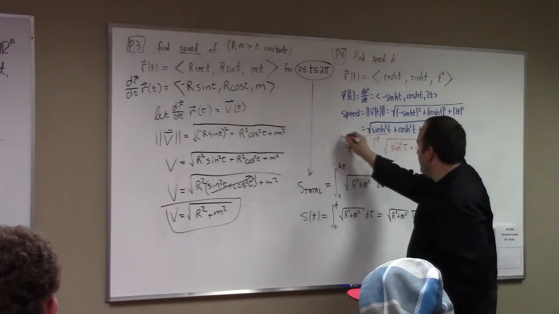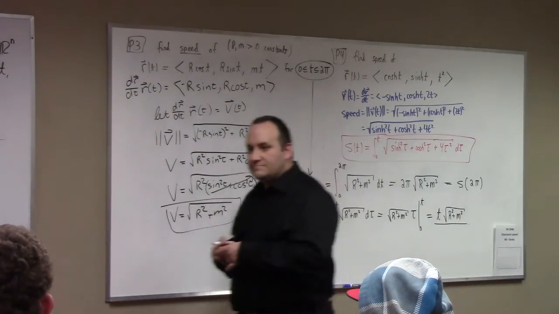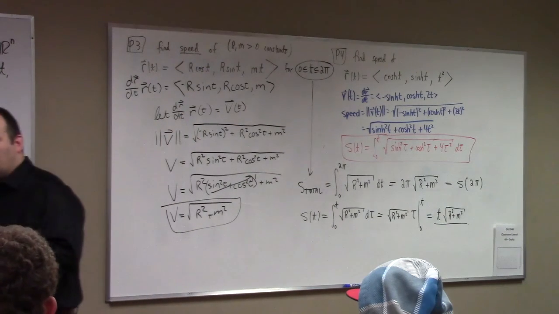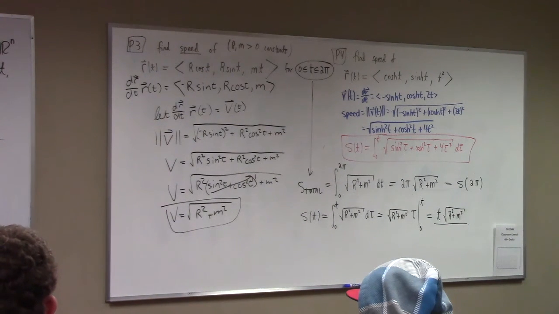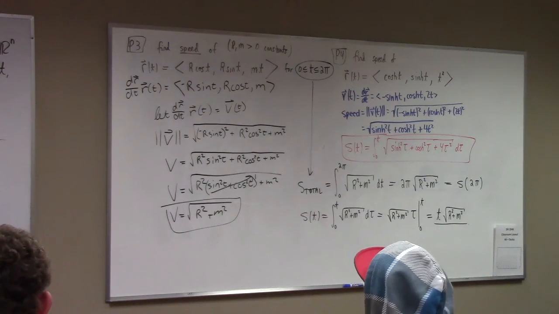And there you go. That is the arclength function, and that's about as good as I can do. Sometimes you can't actually calculate the arclength function if the curve is too complicated, and yet we can always describe it by an integral.